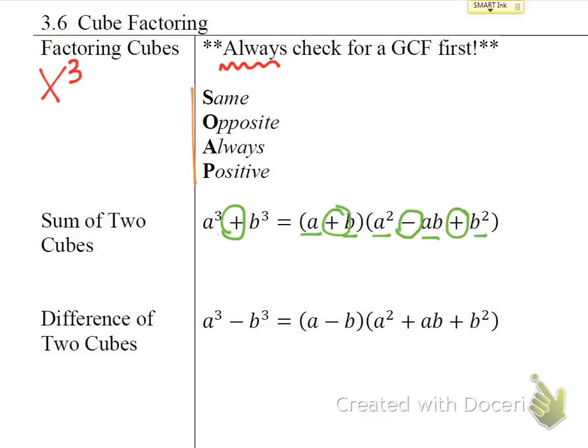And the idea is exactly the same for the difference of cubes. The only thing that's different is the order of your symbols because the original problem has subtraction. So you would still have the same, opposite, always positive, and you fill in the variables exactly the same as you did above.